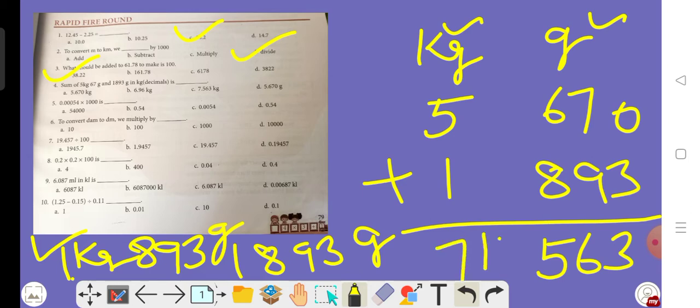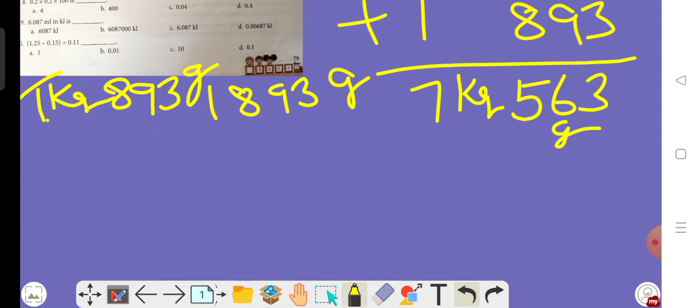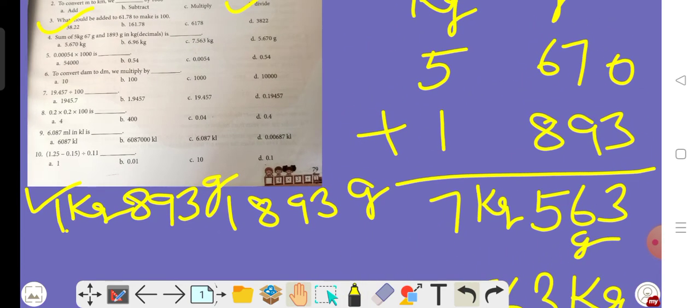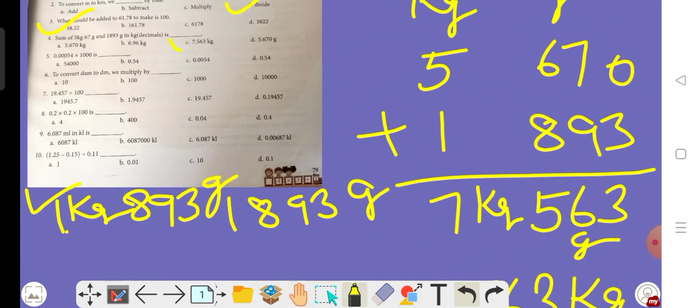So this is equal to 7 kg 563 gram. But we have to represent the total result in kilogram. For this we have to put the decimal sign. So the final result is equal to 7.563 kg, or you can say kilogram. Okay, and this is your option number C.